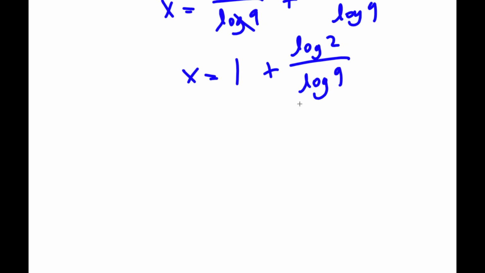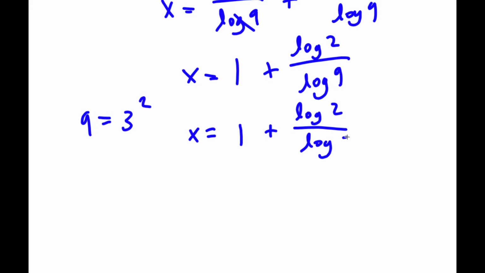Now, 9 is the same thing as 3 squared. So if I replace 9 with 3 squared, I get x is equal to 1 plus log 2 over log 3 squared. Now remember the property of logarithms that states that if we have something in the form log a to the power of b, we can move our exponent b to the front of the logarithm, so this would equal b times log a.